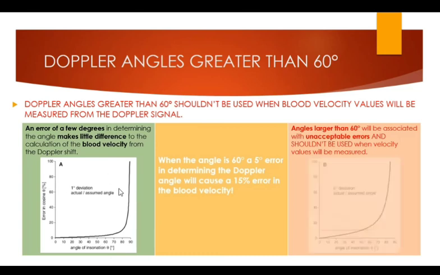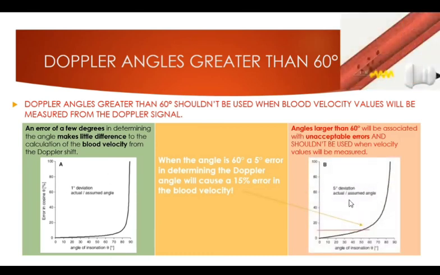Let's look at what happens when we have a 5 degree deviation. Here we've got our 60 degree angle, and we're off by 5 degrees. We are going to get a 15% error in the blood velocity.